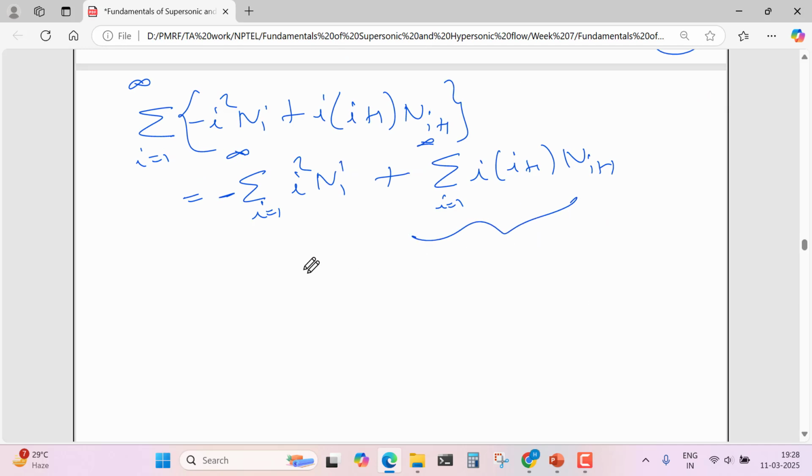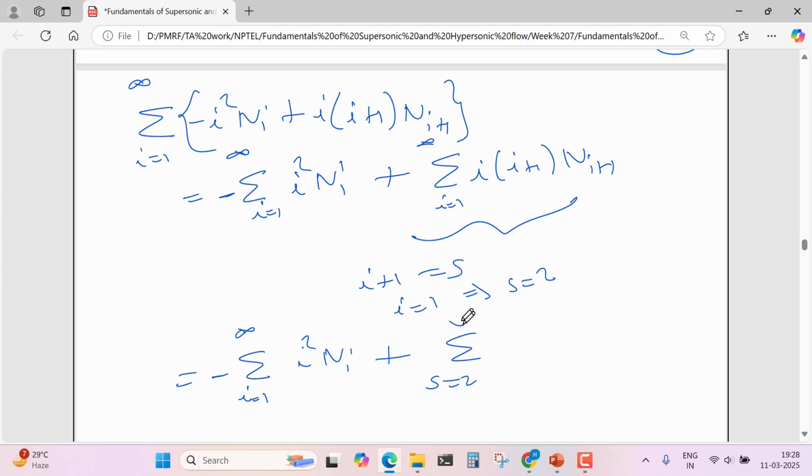For this term, we will substitute i plus 1 equal to s. So for i equal to 1, s equal to 2. So we will get sigma i equal to 1 to infinity minus i square n_i plus sigma s equal to 2 to infinity, with i equal to s minus 1, so we get (s minus 1) s n_s.